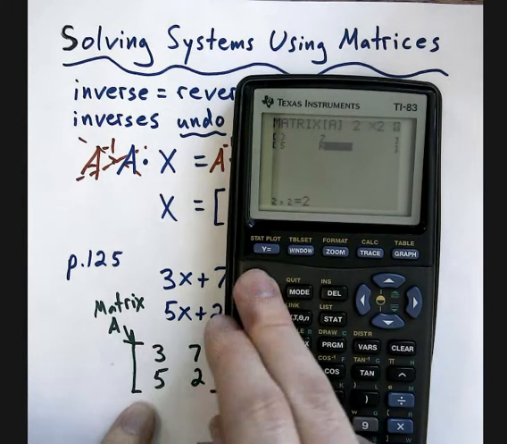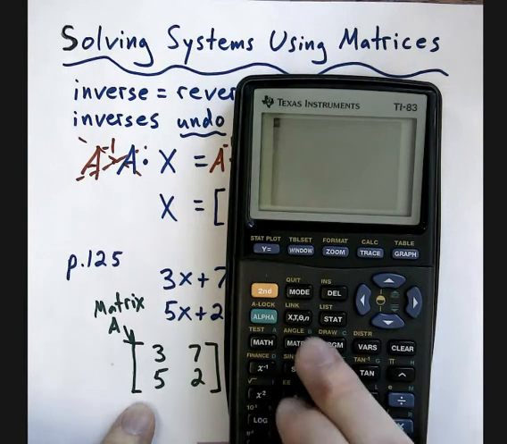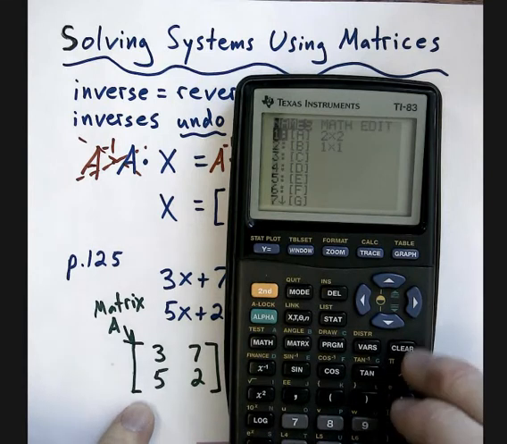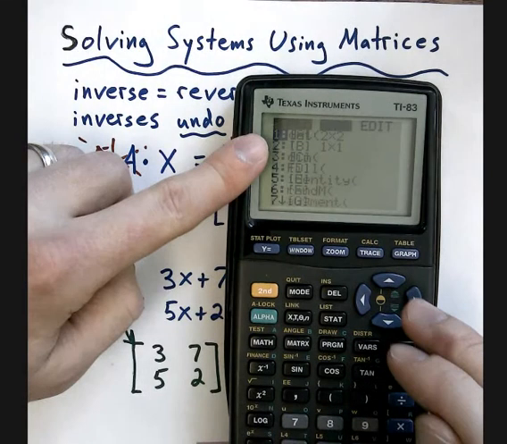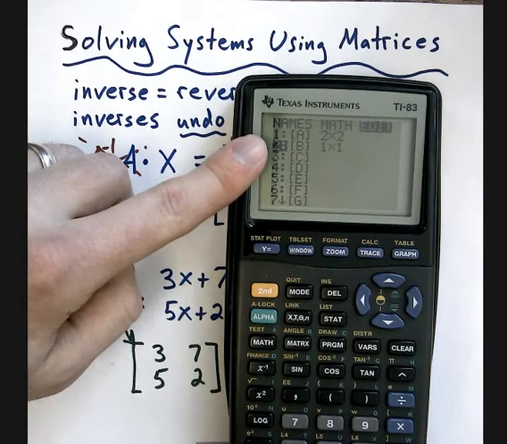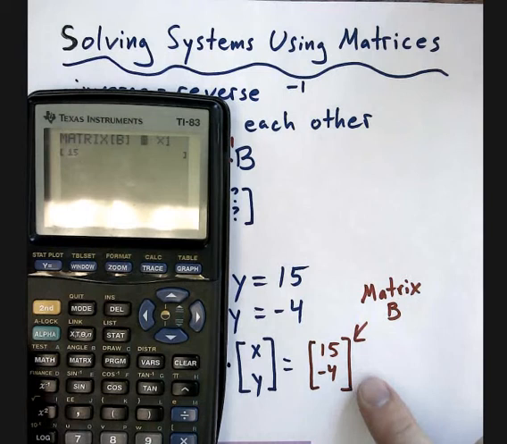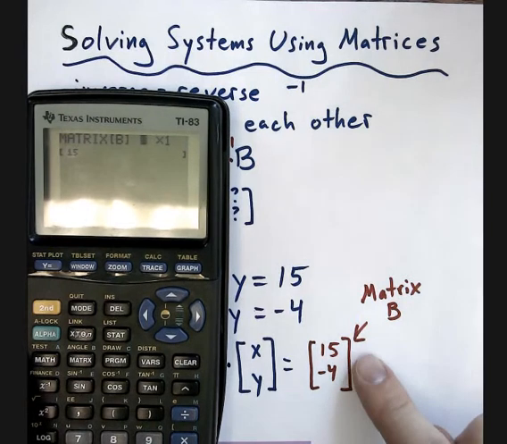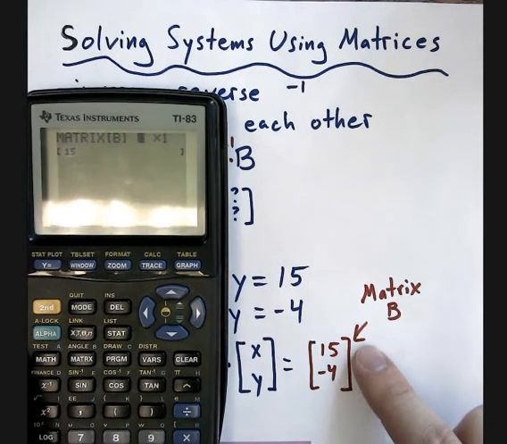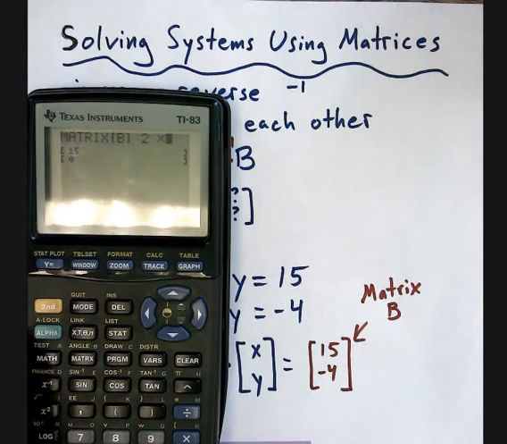I'm going to quit out of that, go back to my matrix. I like to edit B. So I go over to edit, down to B, push enter. B, way over here, is a 2 by 1. So I'll type in 2 by 1, and the values are 15 and -4.